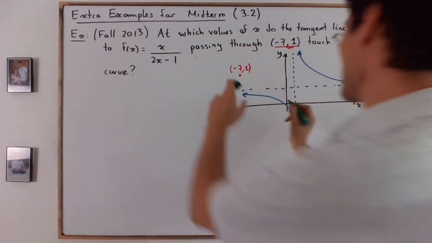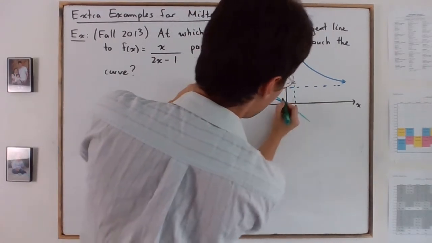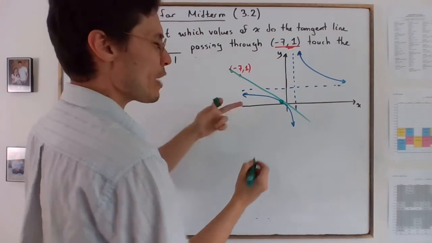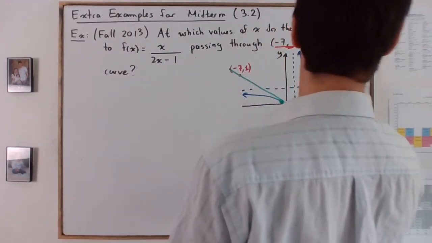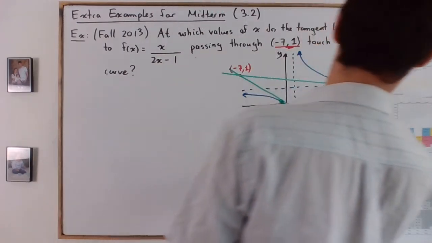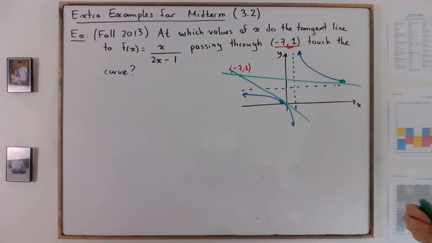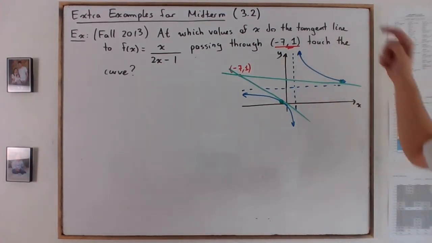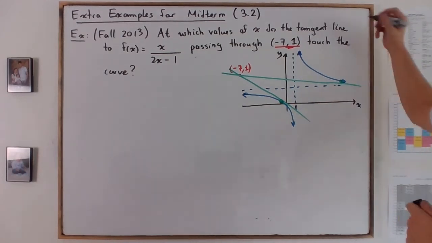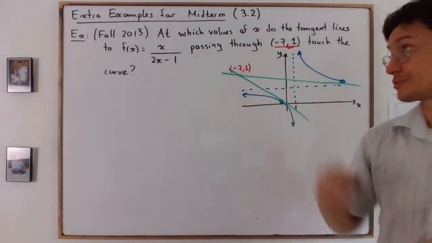There's a tangent line, for example, right here, that will pass through the point, and somewhere along the curve you will have another point here that is also passing through (-7, 1). So the lines here should be plural, because in this particular problem, you will see that there are two tangent lines passing through this point.